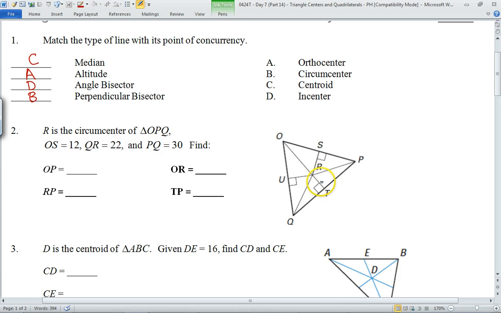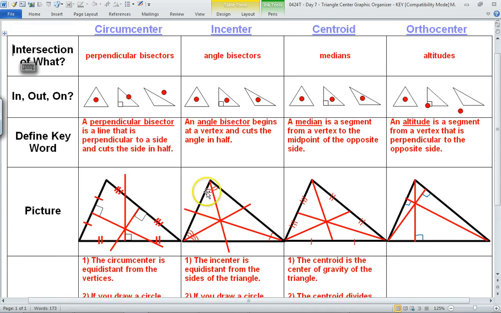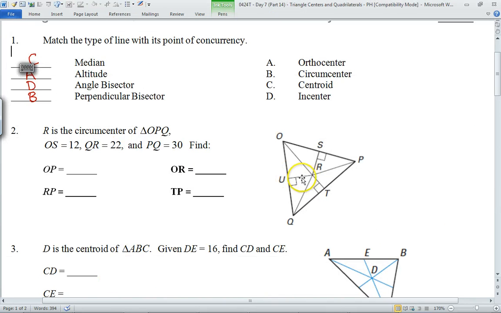Which one is it? Well, if you don't remember, look back at your paper. Circumcenter, that's the one that is equidistant from the vertices. Okay, so that tells me that the following segments are all equal.